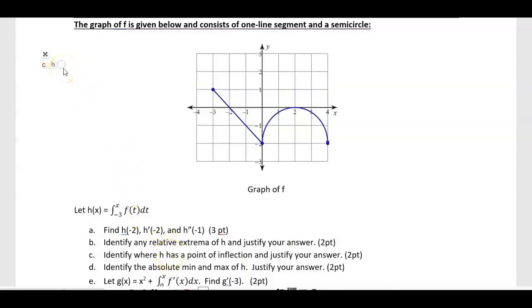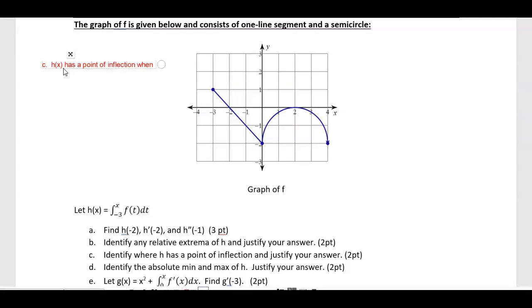So we have to start by talking about h. H of x has a point of inflection when, now at this point you could say when its concavity changes, but you don't need to say that. What you need to say is how you know where the concavity changes. And you know because the second derivative changes sign. When your second derivative changes sign, that means concavity is changing.